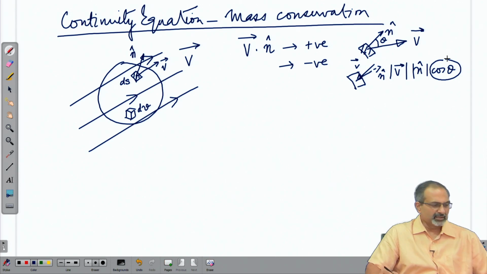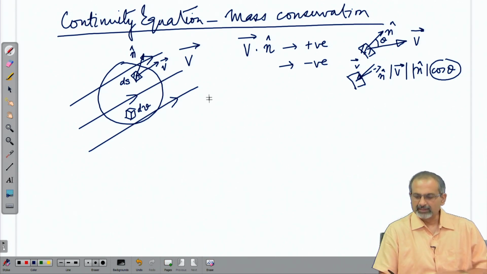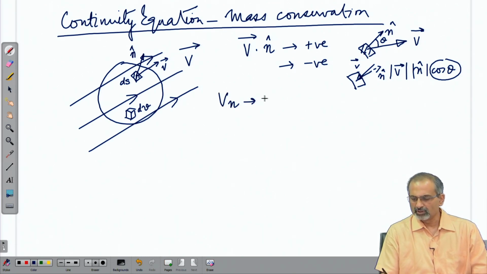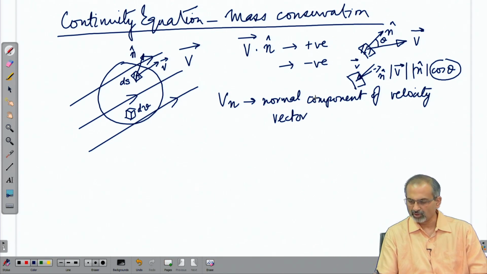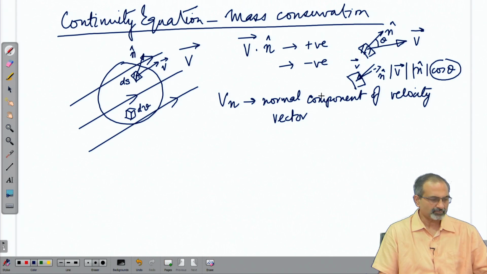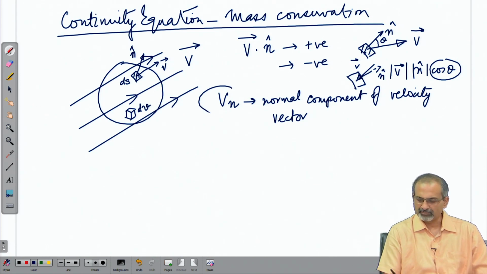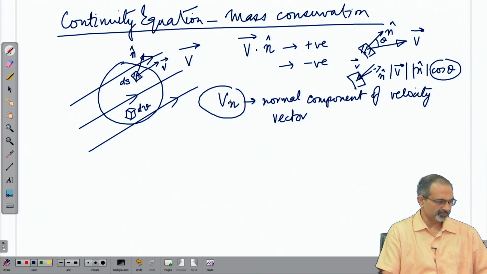So, that is something that we have to keep in mind. Now, when we look at the dot product, it essentially gives rise to the normal component of the velocity vector. So, you can call it by the name V n, for example.